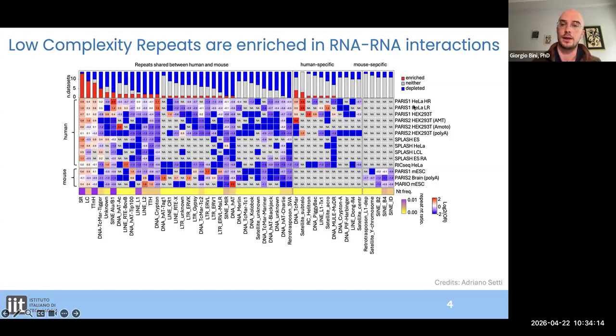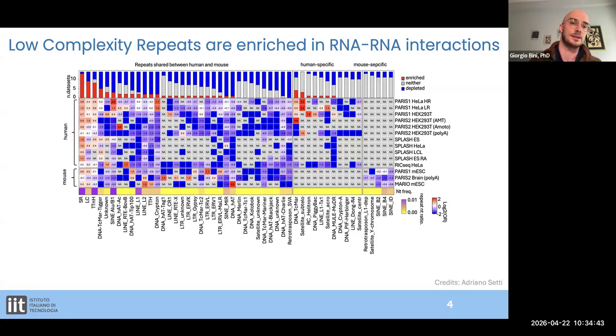On the y-axis, we can see all the analyzed RNA-RNA interaction datasets. The idea behind this analysis, called nucleotide level repeat enrichment analysis, is to quantify the overlap between the presence of these repeat classes and the interaction binding sites detected experimentally.